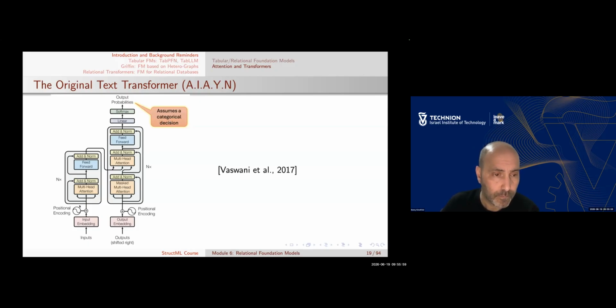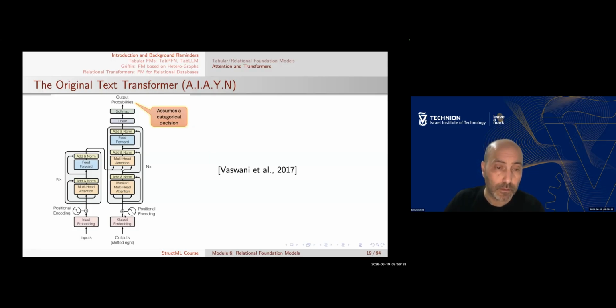So it looks like that in the original Attention Is All You Need paper. You have a self-attention between the input items. These are basically attentions among the words of the prompt, and then you have a set of output tokens, and you have attention between them, and also attending to the input elements.